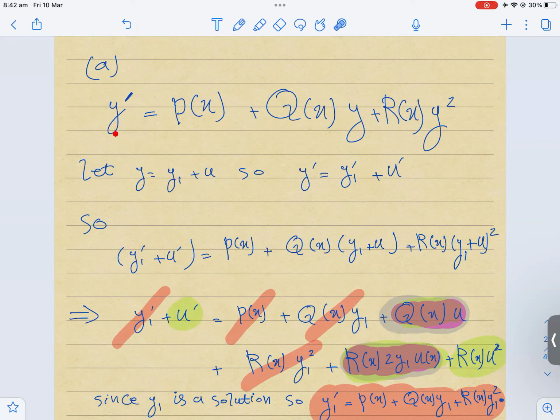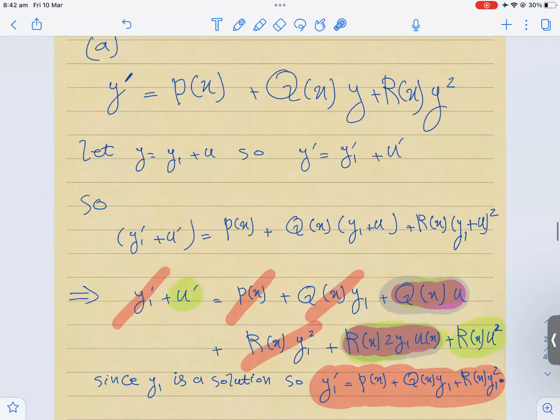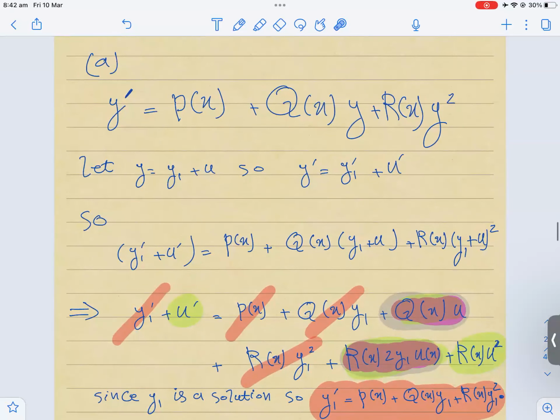If I substitute y1 here, then y1 prime will be equal to p(x) plus q(x) y1 plus r(x) y1 squared. Now, as usual, I will take the derivative of both sides of the equation. So the general form of the Riccati will be y1 prime plus u prime, p(x), q(x), and these things.